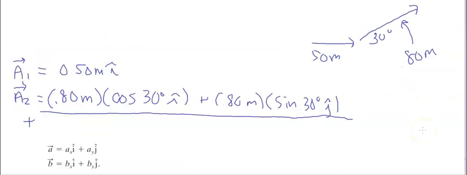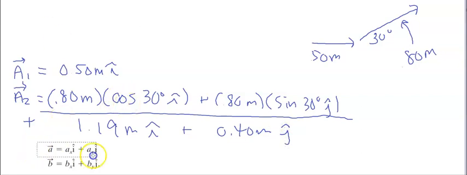Let me write all this down. We're going to get 1.19 meters i hat plus 0.40 meters j hat.